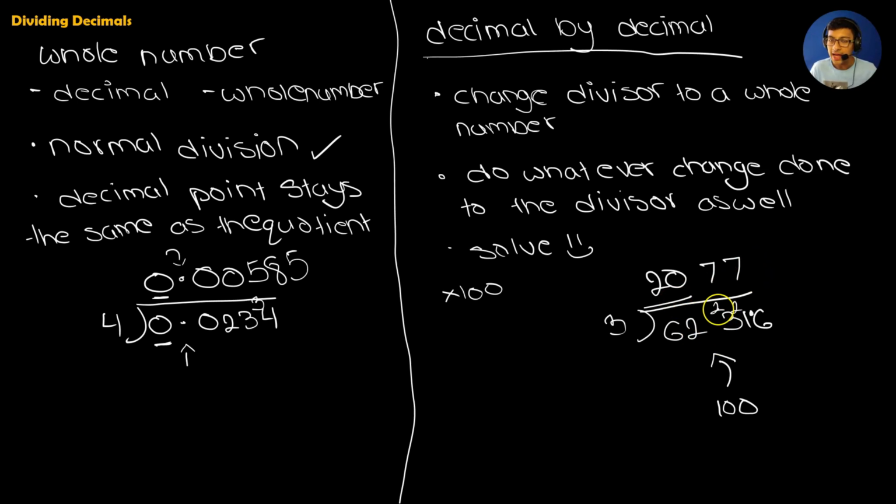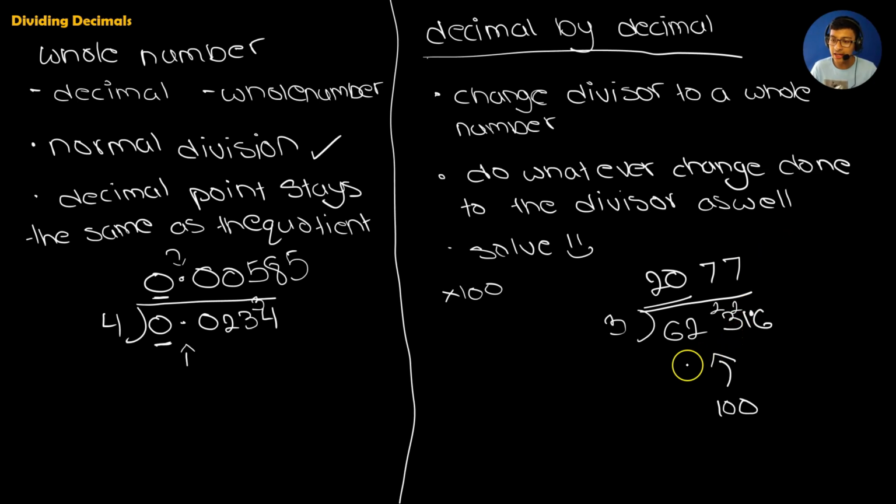What we really need to remember is that wherever the decimal point is in the dividend, we need to put it in the same place in our answer, or our answer is not going to be right.